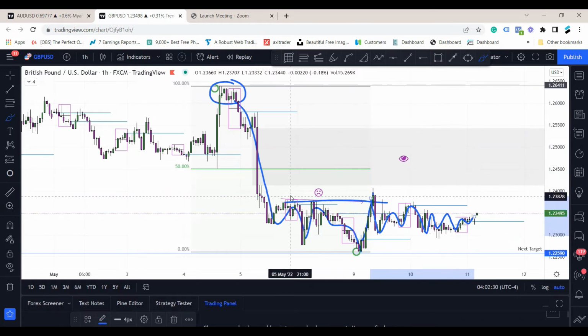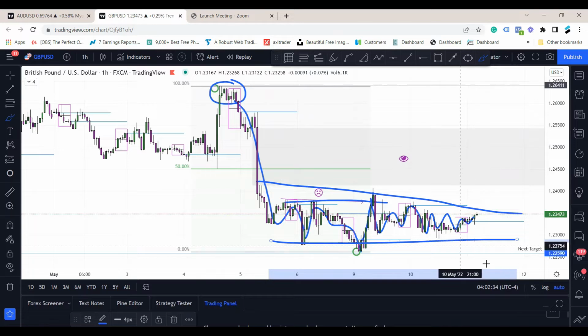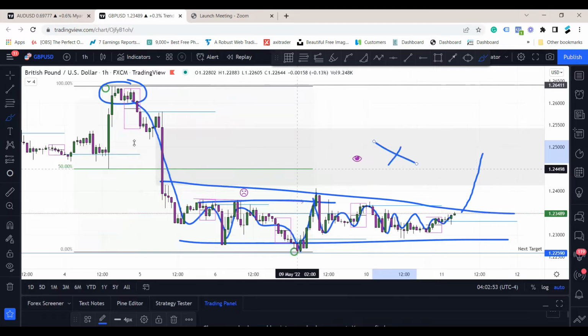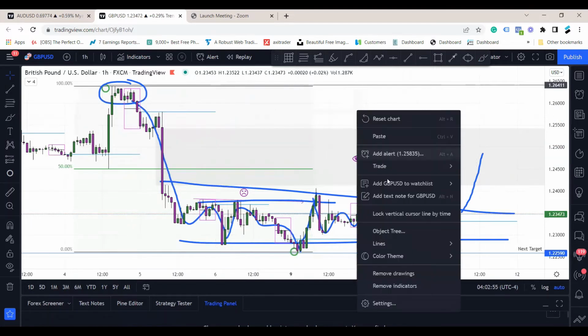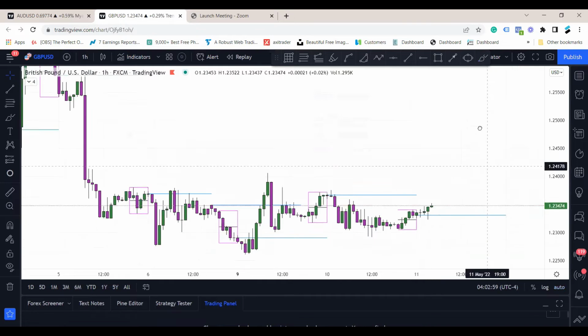Does it show us any sign that the price wants to go higher to this level? I don't see that happen. I don't see a bullish ERC, and I don't see any bullish break of structure high. So I have to assume that, at least for today, my bias is likely to continue downwards.